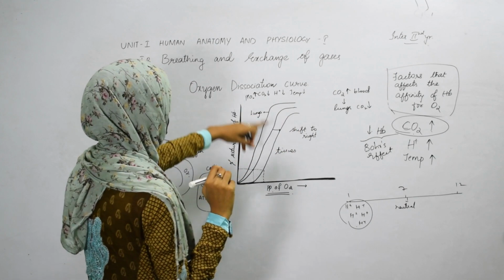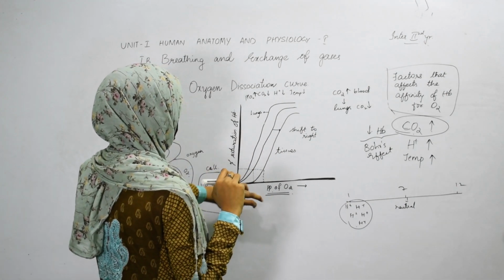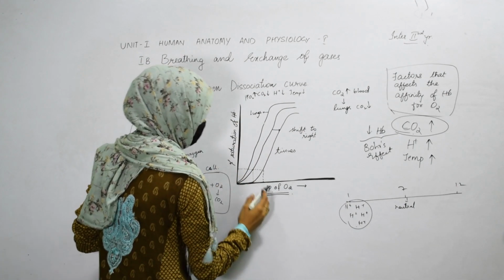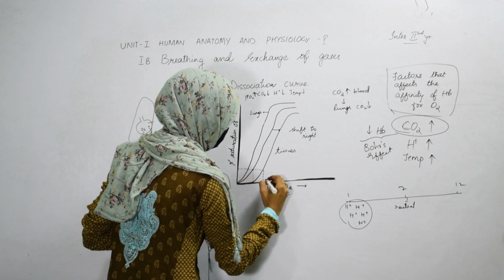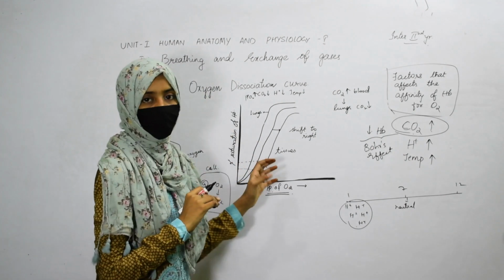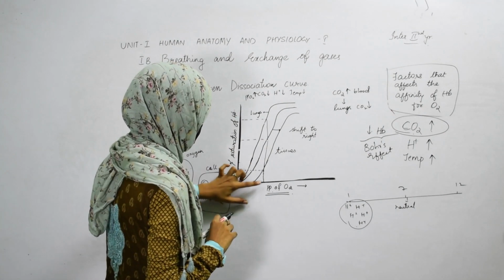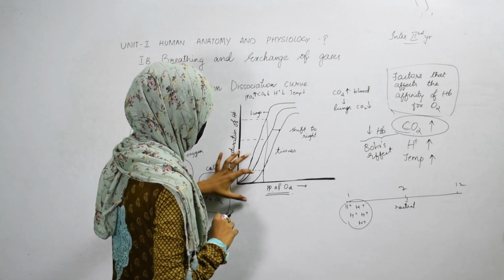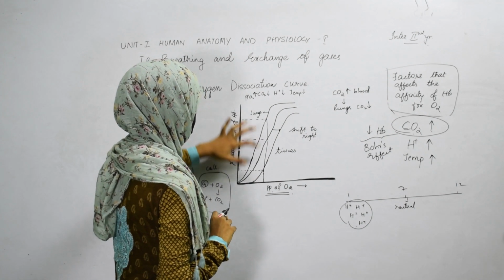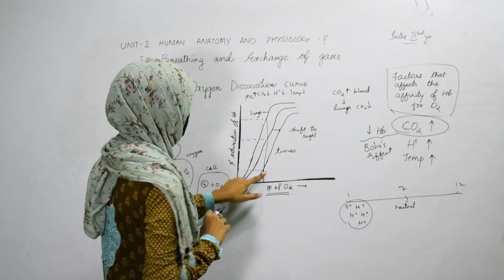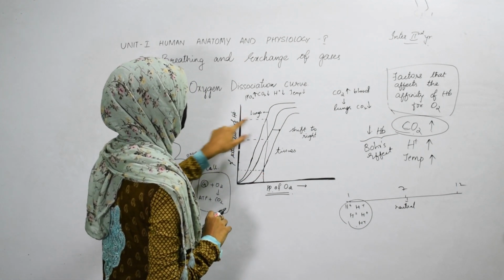It can be drawn based on the partial pressure of oxygen found in the lungs. Here you can see the partial pressure of oxygen is the same in the tissues, in our blood and as well as in our lungs, but the percentage of saturation of hemoglobin varies.